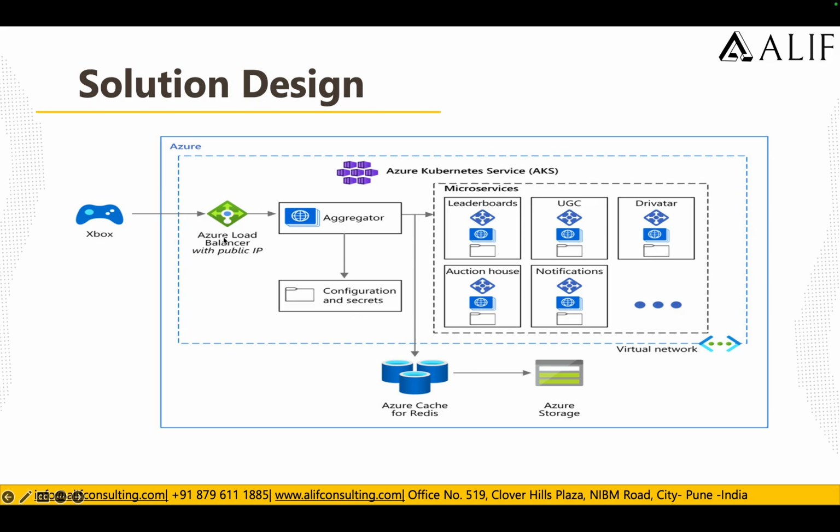And you have an Azure load balancer with a public IP, which works as an aggregator, hosted on Kubernetes and attached to it. All the requests from the Xbox users come in on the Azure load balancer public IP. So that's how the solution and design works.